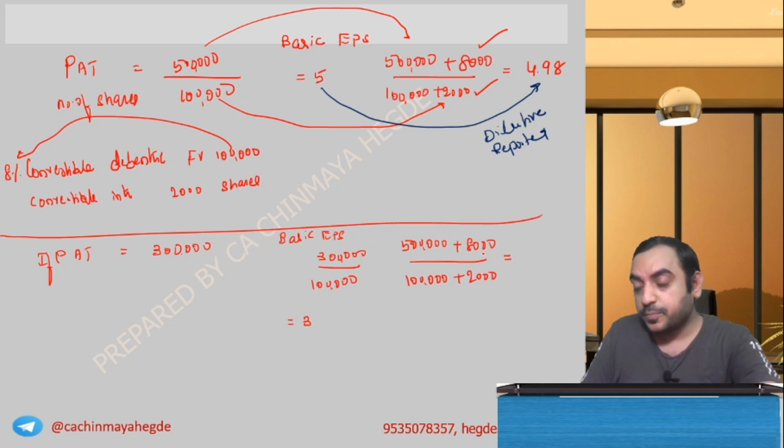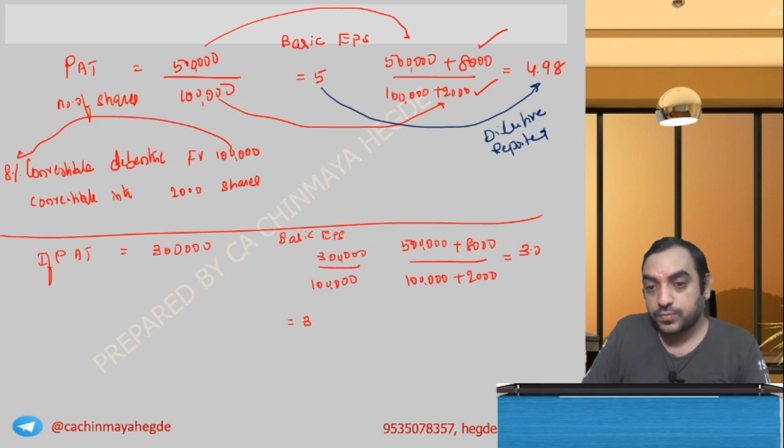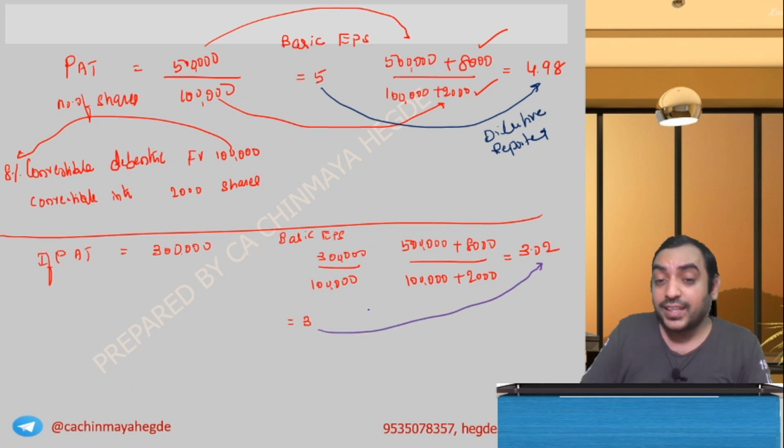This will give me 3.02. You see, 3 rupees will become 3.02. It is going to increase. This is called anti-dilutive, and this is not reported.